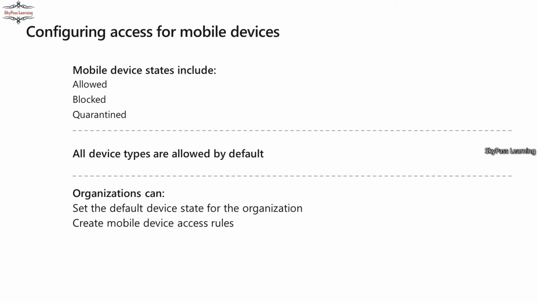Allowed devices are allowed to access your emails and everything. Blocked state is when you are not authorized to use Exchange Online mailboxes, or your mobile device is not allowed to use them due to failure of policies, restrictions, and a lot of things. And the third one is quarantine.